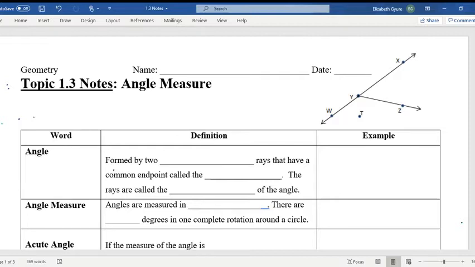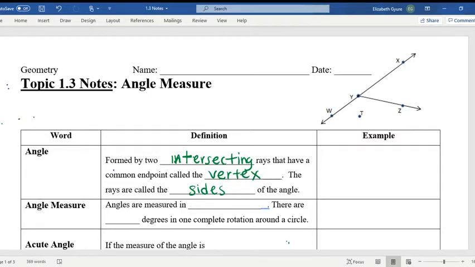So first of all, an angle is formed by two intersecting rays that have a common endpoint called the vertex, and the rays are called the sides of the angle.